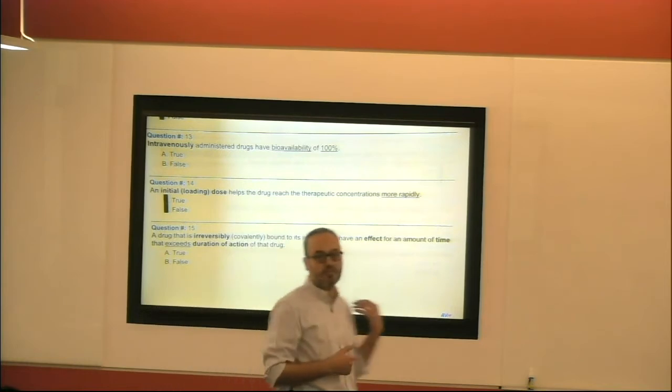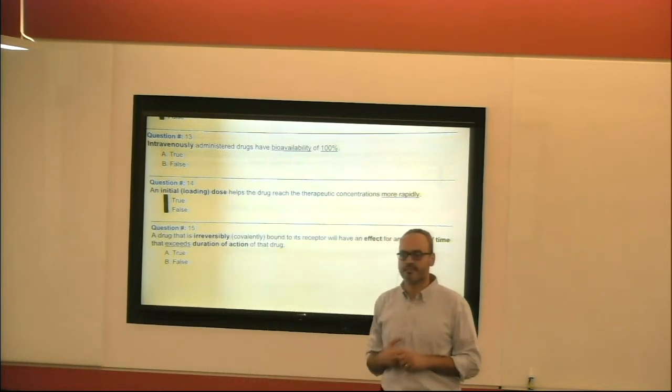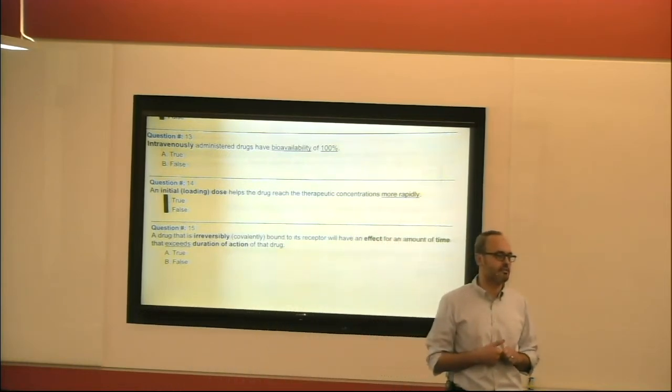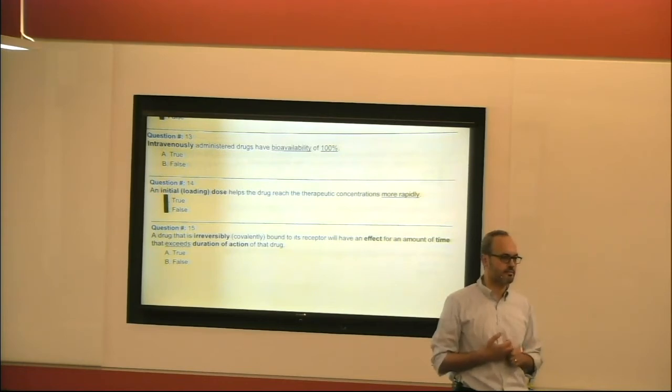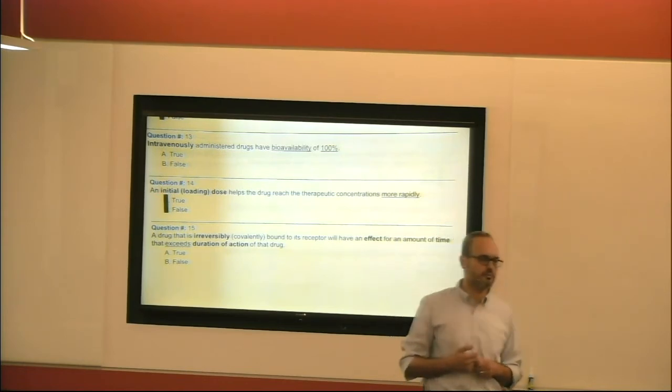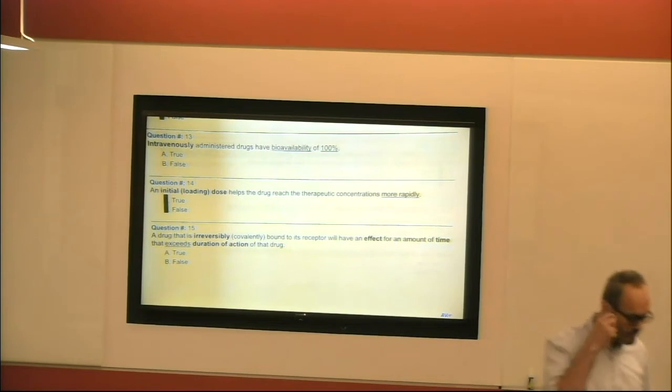Can someone explain to me what the sentence says? Melody, yes. My interpretation is that if a drug is irreversibly or covalently bonded, it's not leaving that receptor.